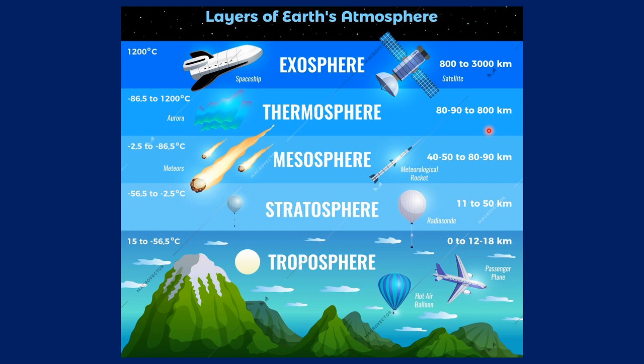Then finally you have the exosphere, where space stations and other satellites orbit the earth, with temperatures as high as 1200 degrees Celsius, at about 800 to 3000 kilometers above the earth's surface.